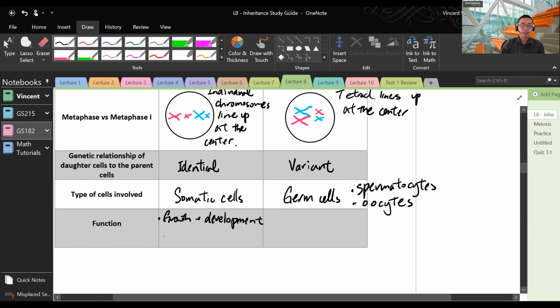Yep, and then repair as well. If you have a cut, you're going to have some new cells, and you are going to fill that gap. And why do we do meiosis? For sexual reproduction. Yeah, for baby, exactly. Sexual reproduction.